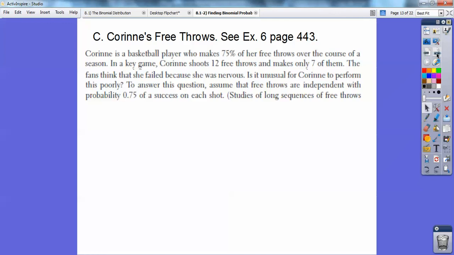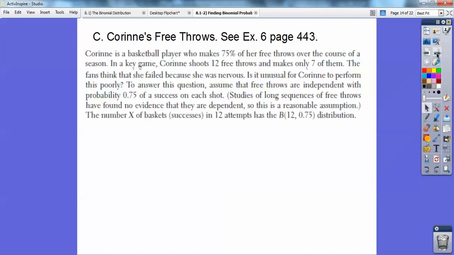Is this unusual for Kareen to perform this poorly? To answer this question, assume that the free throws are independent with probability 0.75 of success for each shot. Studies of long sequences of free throws have found no evidence that they are dependent on each other, so this is a reasonable assumption.